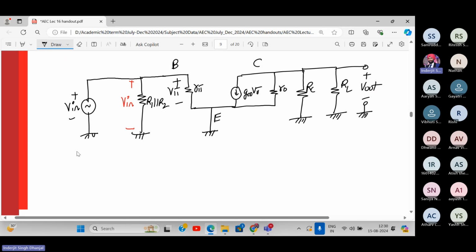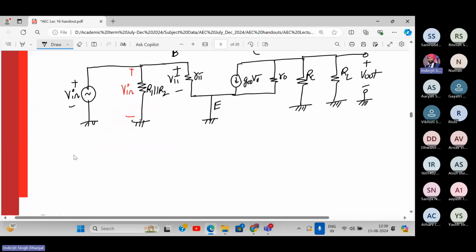Okay. Now don't calculate AV. Please listen to me. Calculate first Rin and R out. So how much is the Rin formula without Rs? R1 parallel to R2 parallel to R pi. Do we know the value of R1 parallel to R2? Yes. RTH. How much is that? 9 kilo ohm.